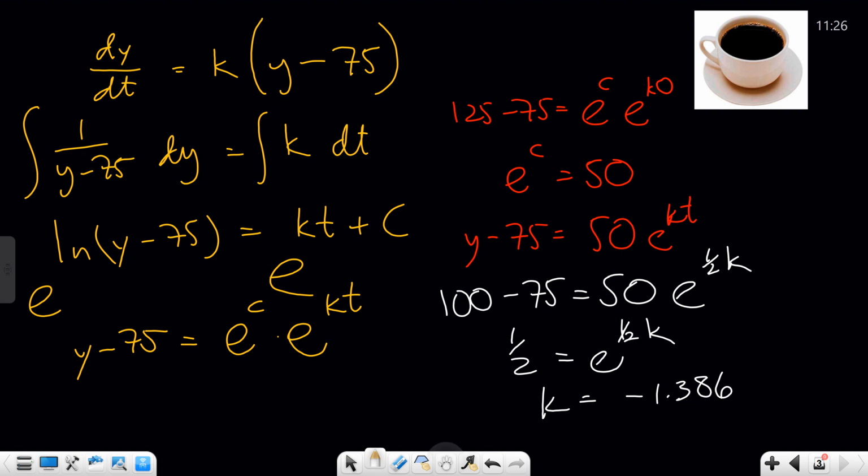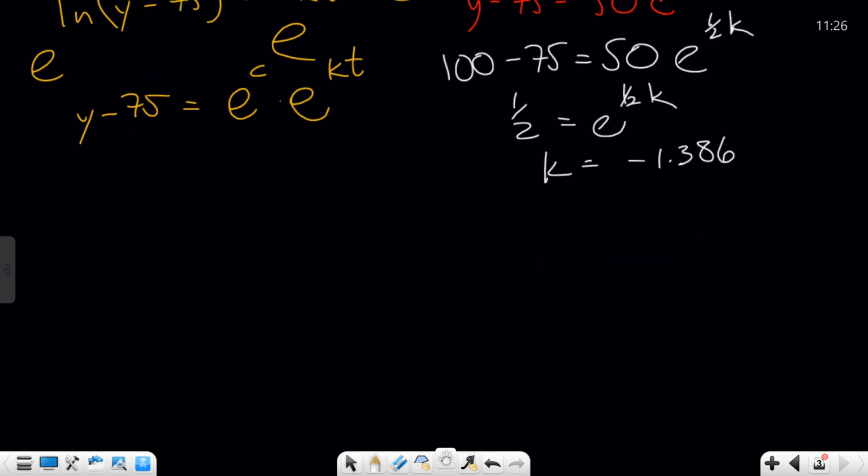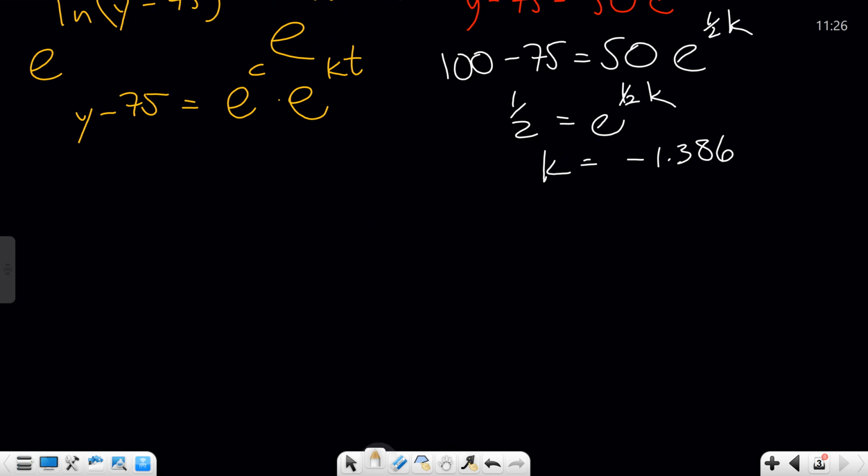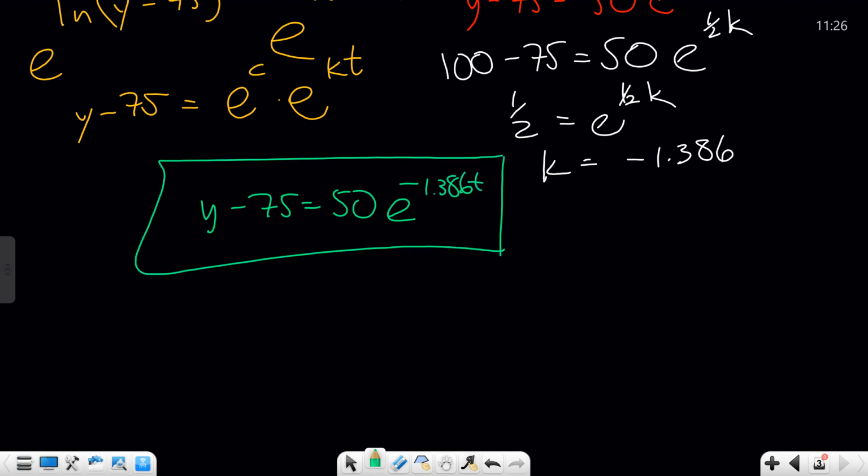Okay, which means y minus 75 is equal to 50 times e to the negative 1.386t. There's my general equation.